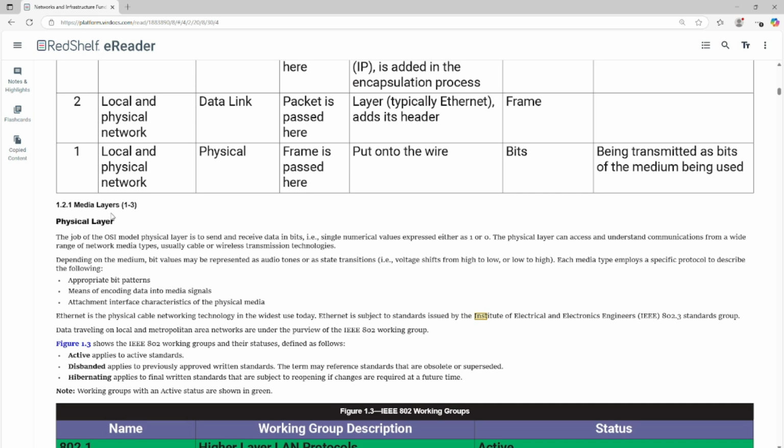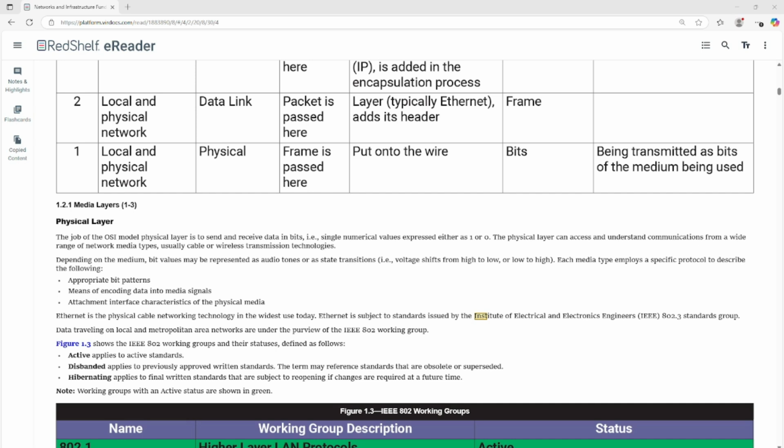And from layer 4 up to the last layer, they're called the host layers. So, okay, let's begin with the physical layer. As we dive into the details of these layers, you want to keep this in mind. These are your areas of interest. You want to be able to identify their responsibilities, or what their job is, and the processes or protocols that are involved.